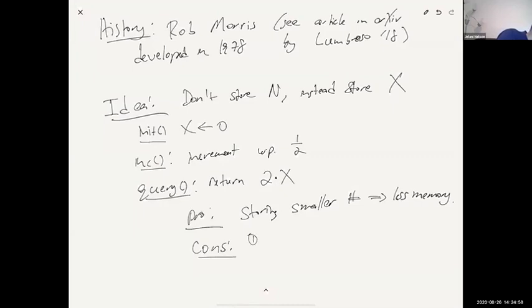The first con is I'm only saving 1 bit, right? n versus n over 2 is just 1 bit of memory difference. And 2, there's now some variance, right? 2 times x is not guaranteed to equal n. It's just something that in expectation is n. And there's some probability that this deviates.